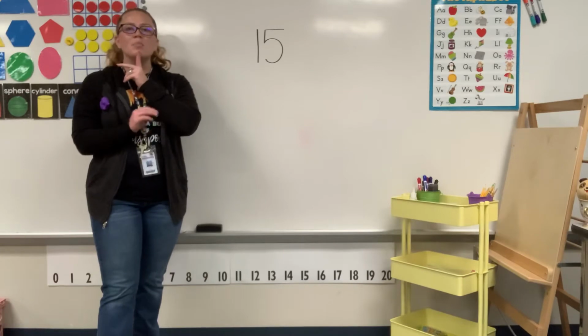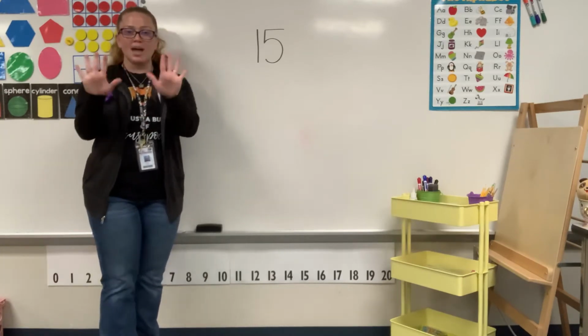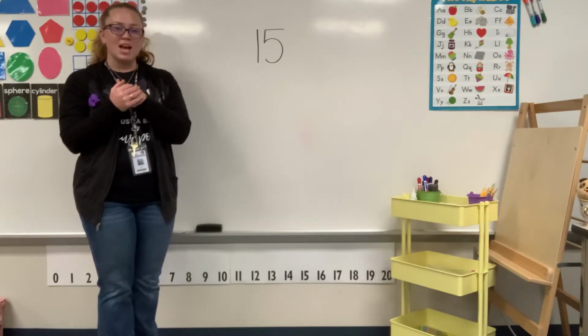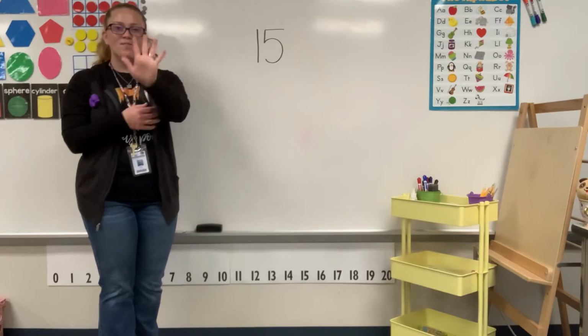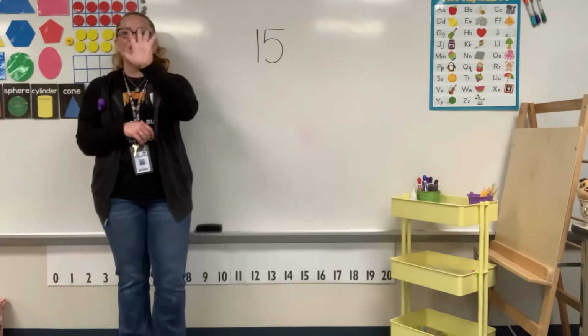So how many more do you think 15 is from 10? We're going to start with 10. How many more do you think comes next? 5. 15 is a group of 10 and then 5 more.